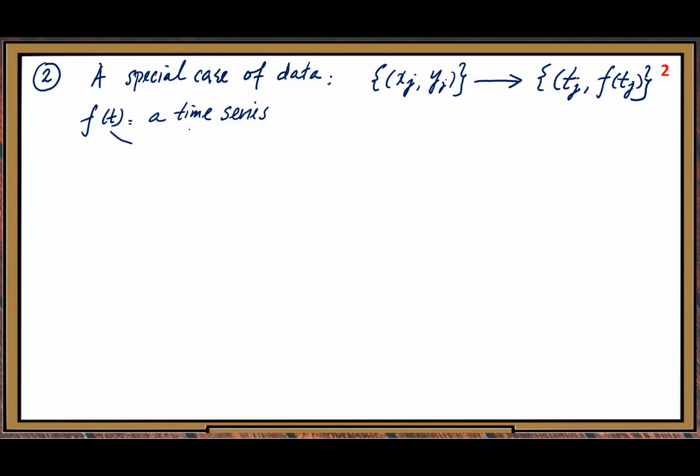T represents time, so it is a function of time. Its value changes with time as the variable, so we call it a time series. And this function is a continuous function.